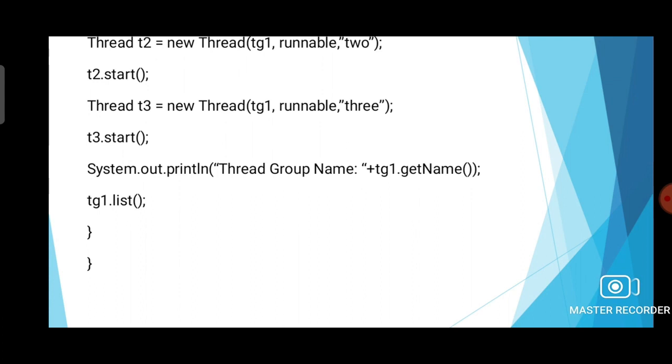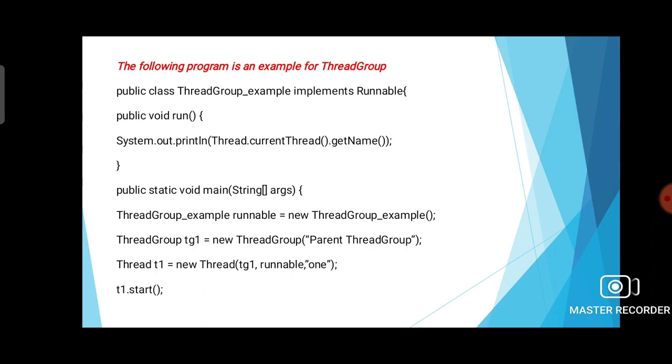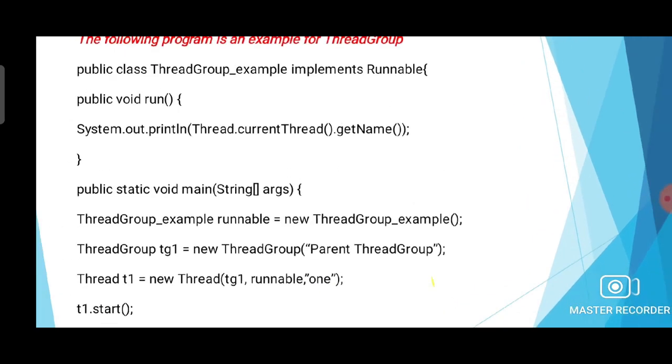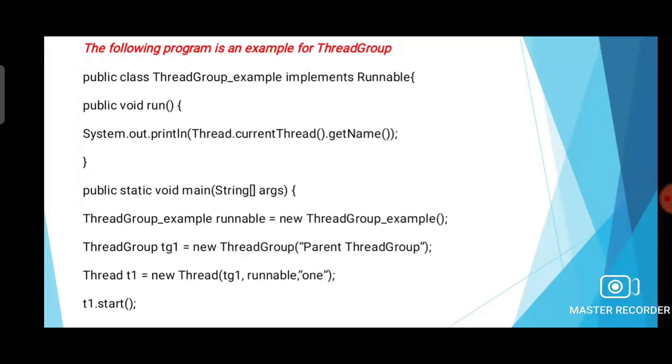Now finally we are printing one thing: System.out.println of the thread group name. We are going to print the name of our thread group, so we have to apply the method with the thread group object. Our thread group object is tg1, so we are applying the method tg1.getName. Previously when we declared the thread group, we gave it a name, that is parent thread group.